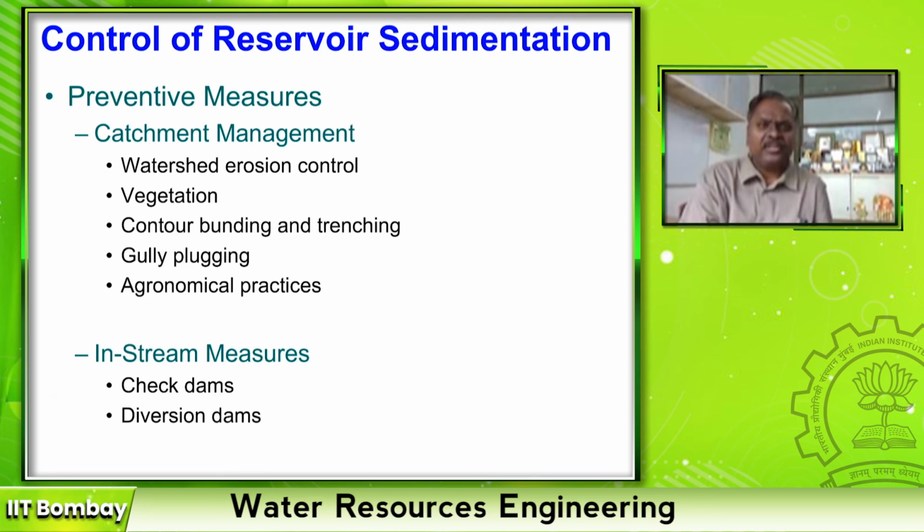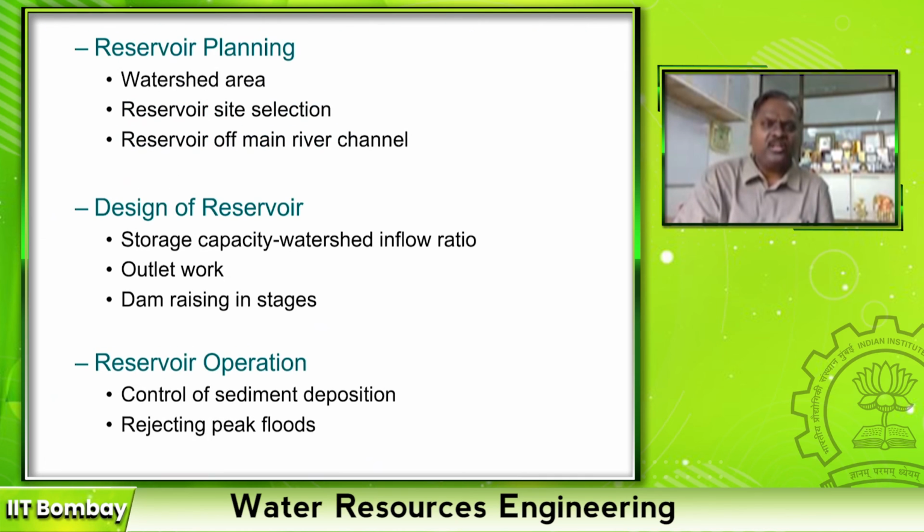These are all some of the methods to prevent sediments from coming into the reservoir. In-stream measures include check dams and diversion dams. Or while planning the reservoir, you can plan such that the watershed area doesn't have areas prone to landsliding or soil erosion. Then construct the reservoir away from the stream which has a large amount of sediments.